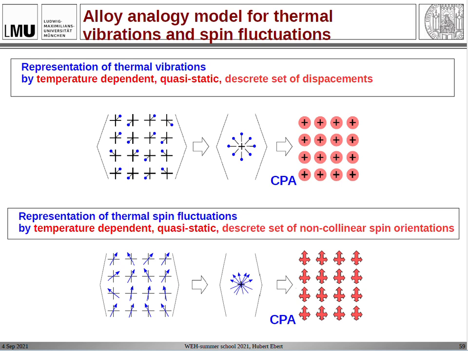So I'm fully happy with such type of results, and that's the standard that can be achieved. The way of thinking about order, disorder, can be translated also to other questions, namely thermal disorder for vibrations, for example. So we introduced a scheme that we call alloy analogy model that allows to handle atomic vibrations with a CPA. Also thermal fluctuations, that means counting of spin moments, we deal with CPA.